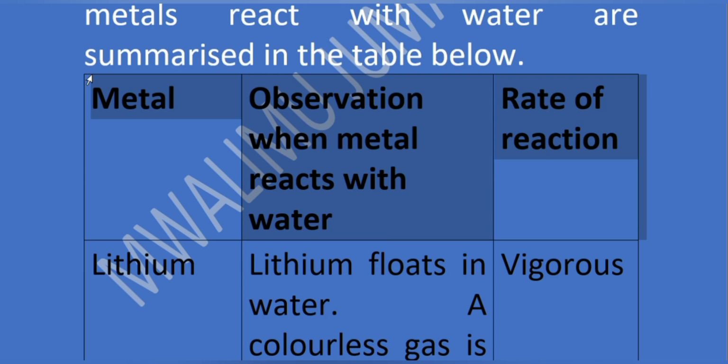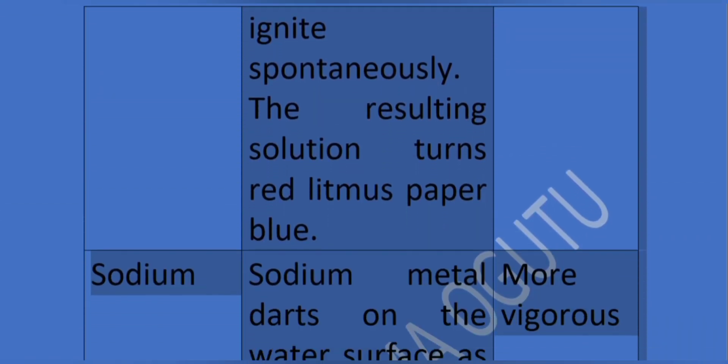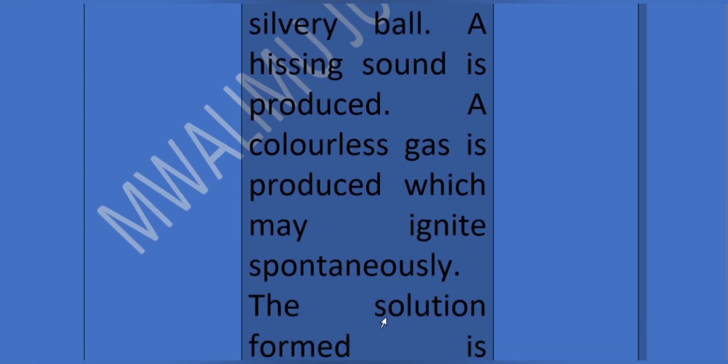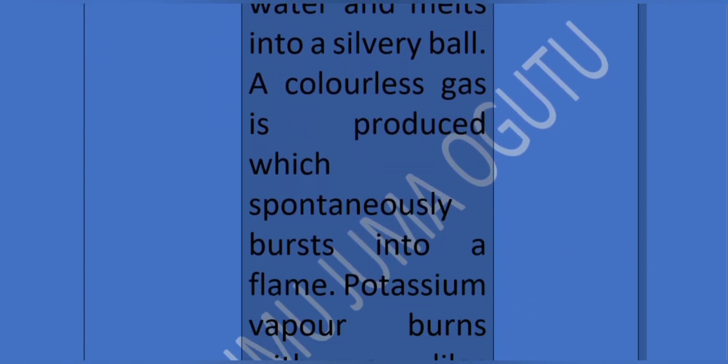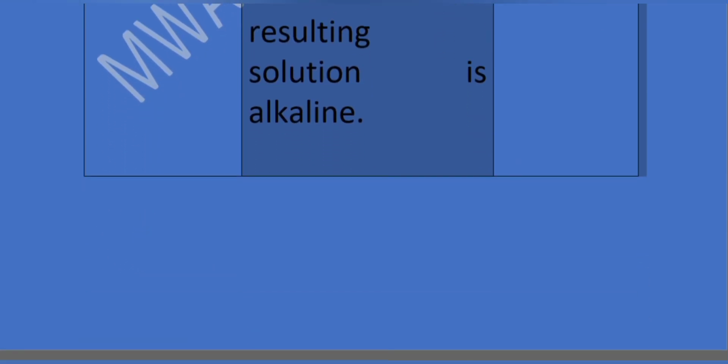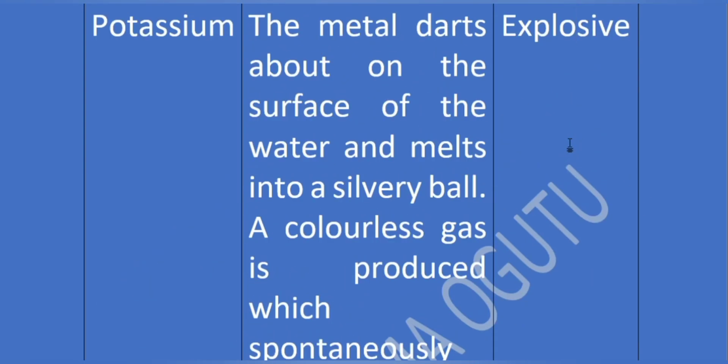So we are saying that the observations made when alkali metals react with water are summarized in this table. You have the metal, the observation, and the rate of reaction.